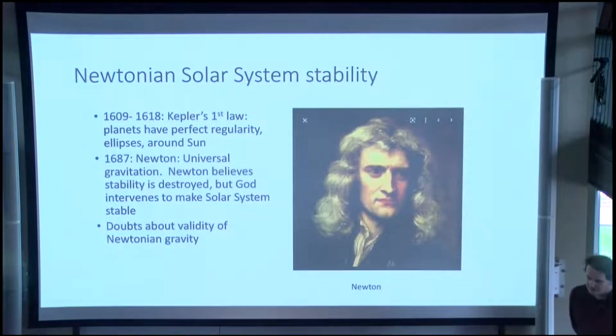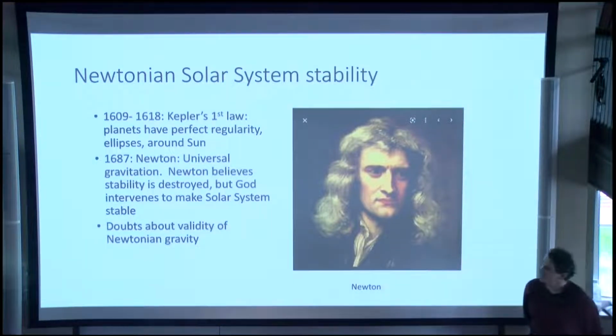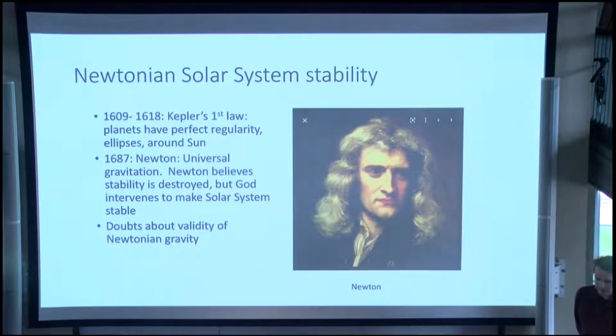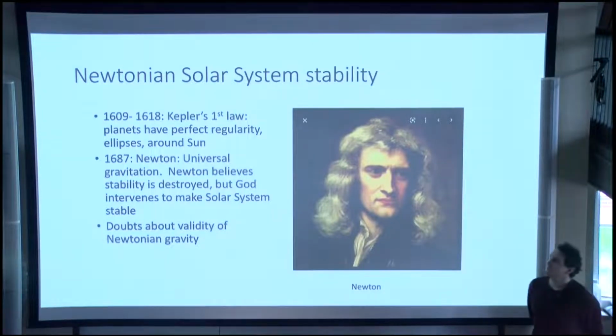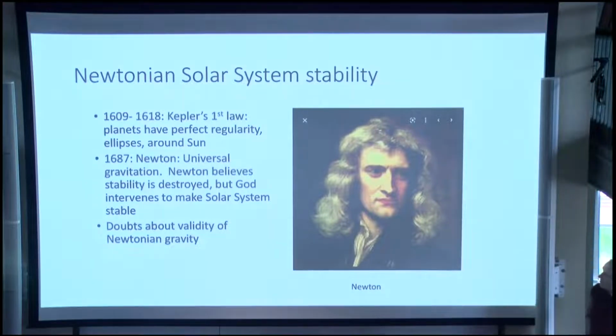So there's a possibility that there's some instability. The planets can scatter or collide. Newton himself believed the solar system stability was destroyed because of his gravitation, but he also thought that God intervened to make the solar system stable. So the picture was not clear.